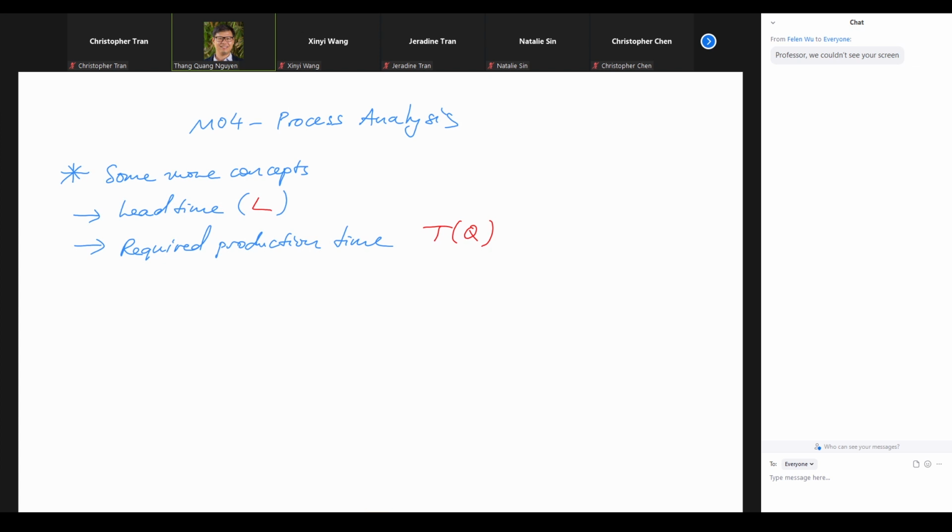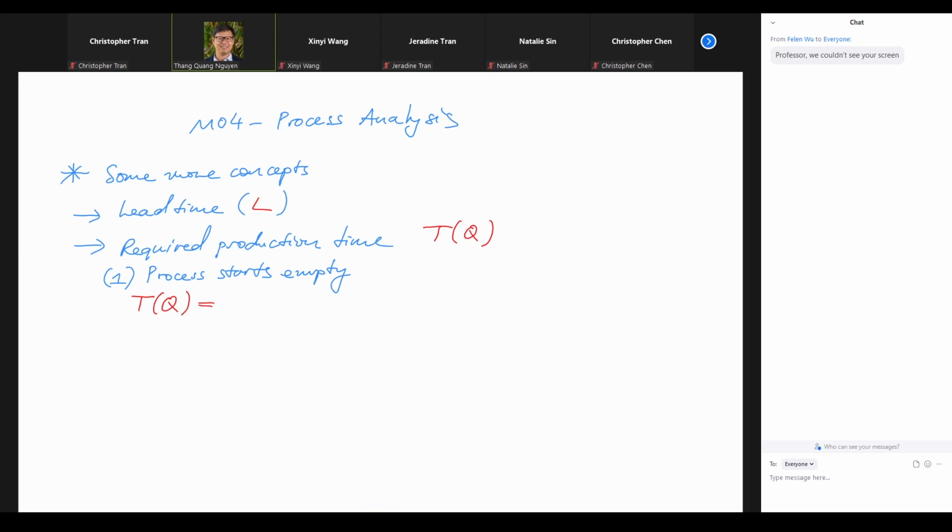We need to differentiate between the two scenarios. In the first scenario, the process starts empty. So if the process starts empty, then the required production time is calculated as the following.